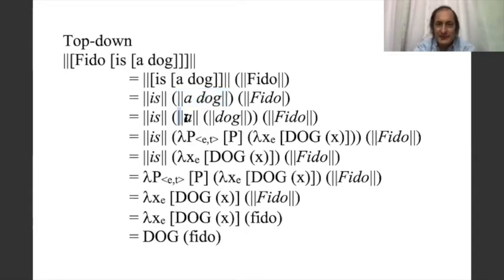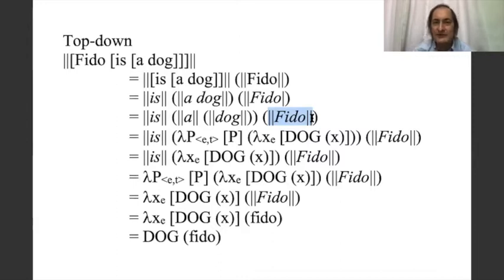We take those two pieces, the translation of "a," and we apply it to the translation of "dog." Okay. So now we've gotten all the way down from the top level sentence to all of the words at the bottom. We have the translation of "is," of "a," of "dog," and of "Fido."